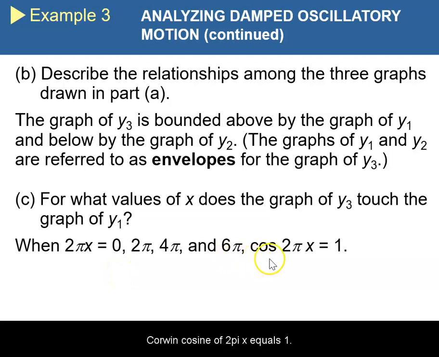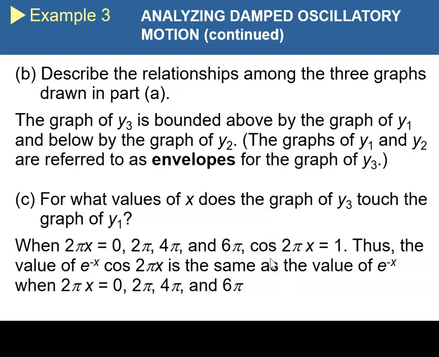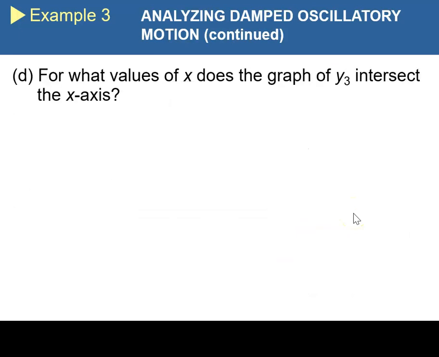Okay, or when cosine of 2 pi x equals 1. So the value of e to the negative x cosine 2 pi x is the same as the value of e to the negative x when 2 pi x is 0, 2 pi, 4 pi, and 6 pi. Okay, so that's when they are touching. Okay, so when x is 0, 1, 2, and 3.